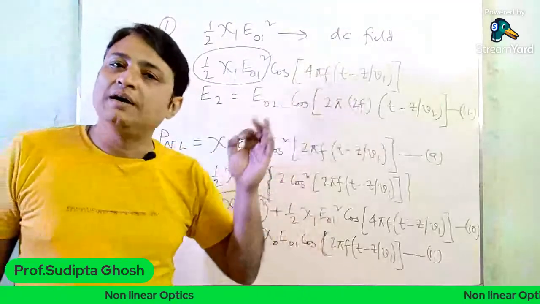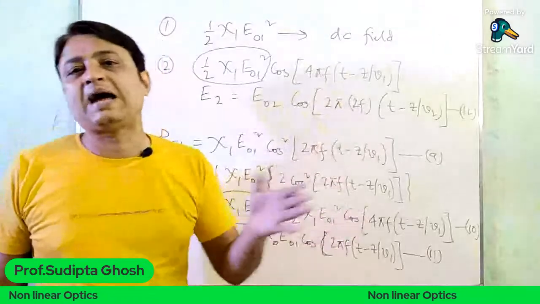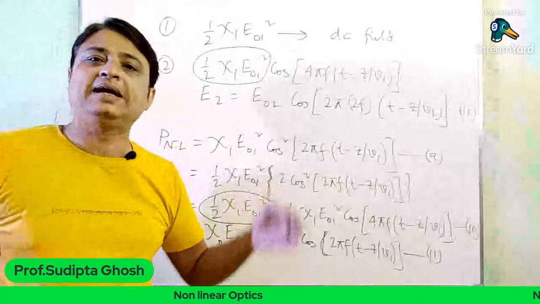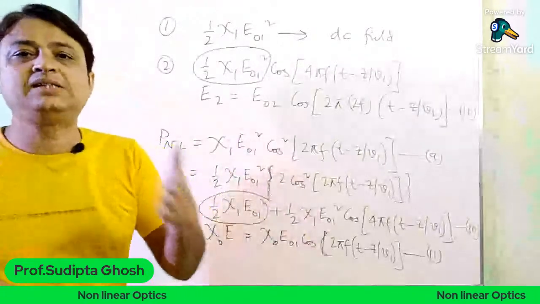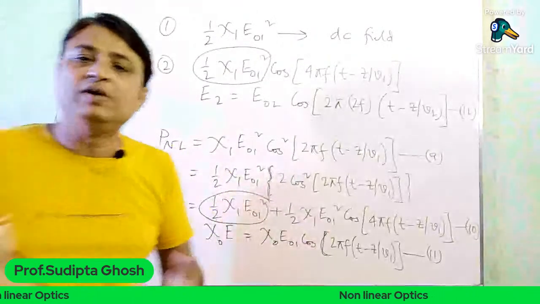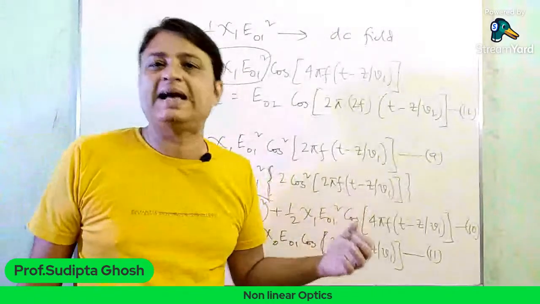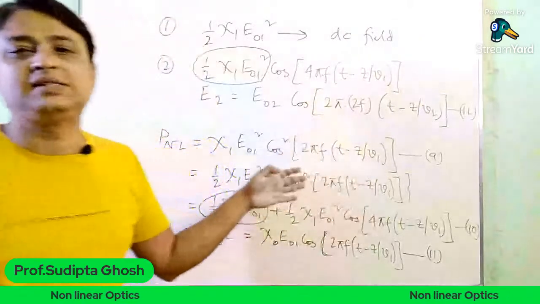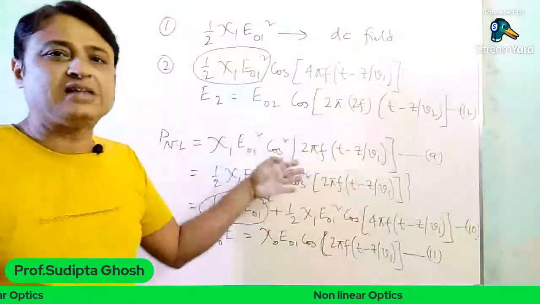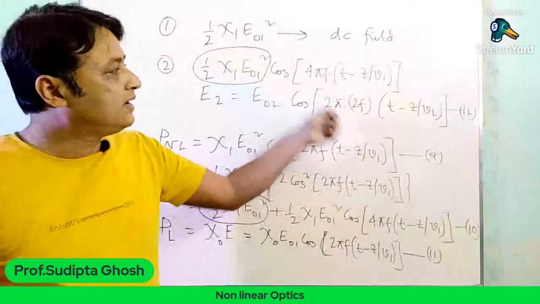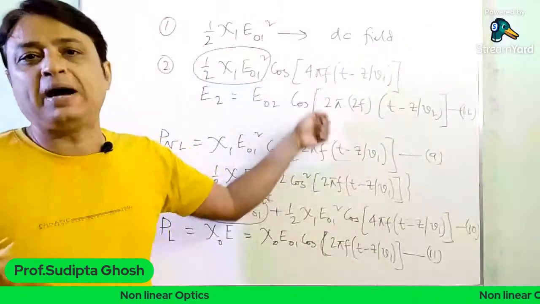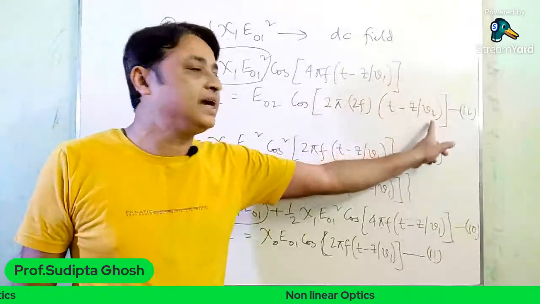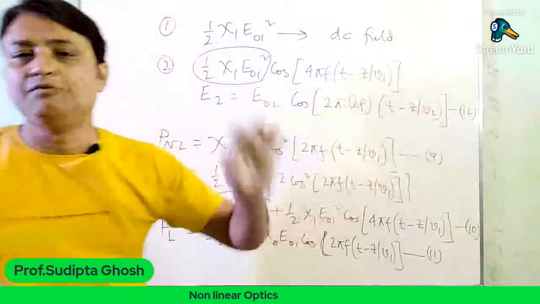So remember that the original wave had a frequency f, propagating along the z-axis with a velocity v1. But because the frequency is changed here, we write it as 2 pi into 2f, not f, so the velocity v1 is also changed and we have written it as v2.